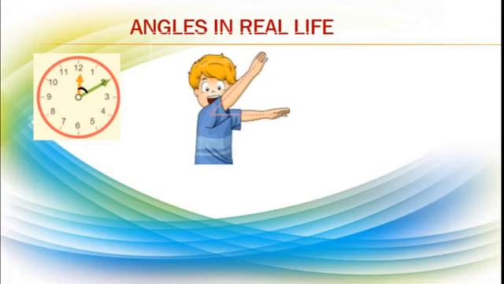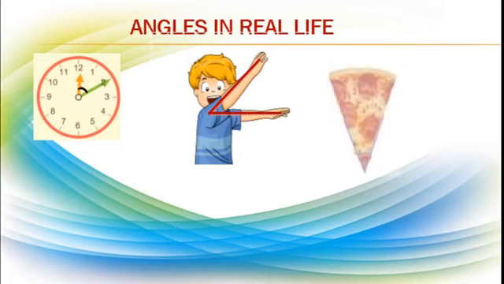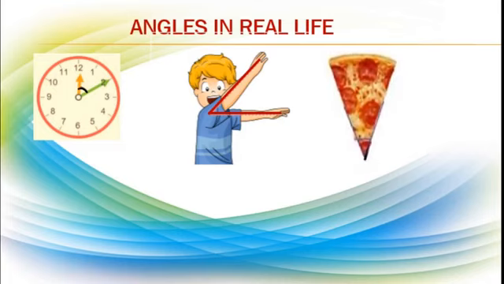Now here also this boy's hands, see the position, less than 90 degrees, correct? See the piece of a pizza and the angle formed, less than 90. See the stapler, here also an angle is formed. See this compass, see the angle between the two hands.